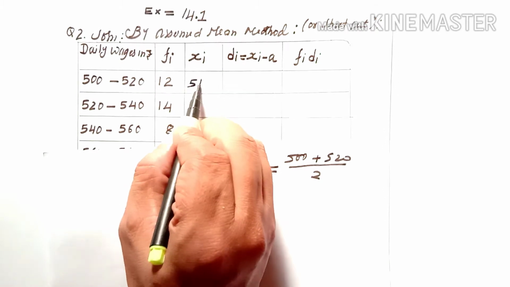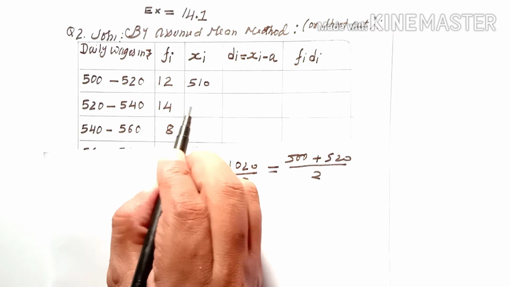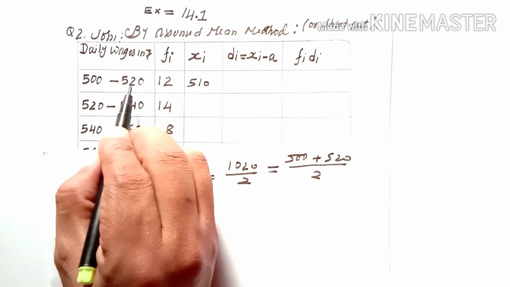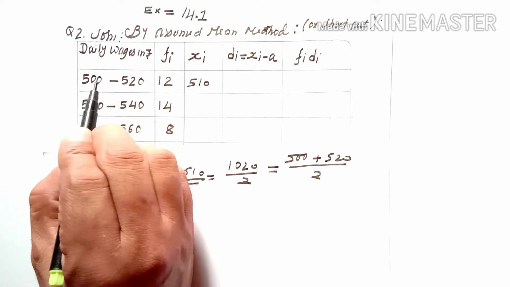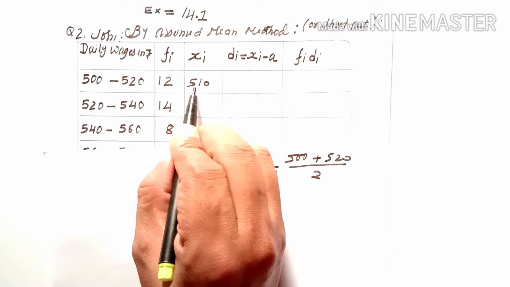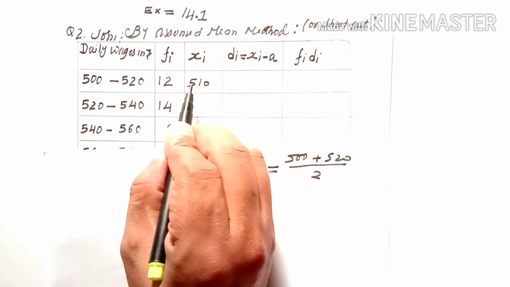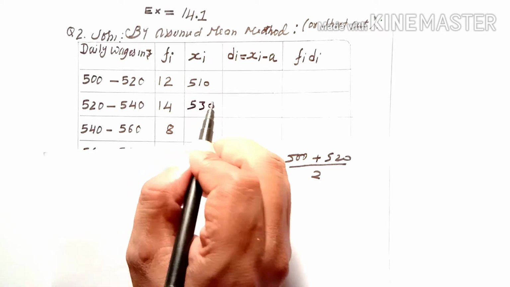Now to get the class mark of the second one, just see the class size. For 500 to 520, the difference between these two values is 20, so we just need to add 20. So 510 plus 20 equals 530.